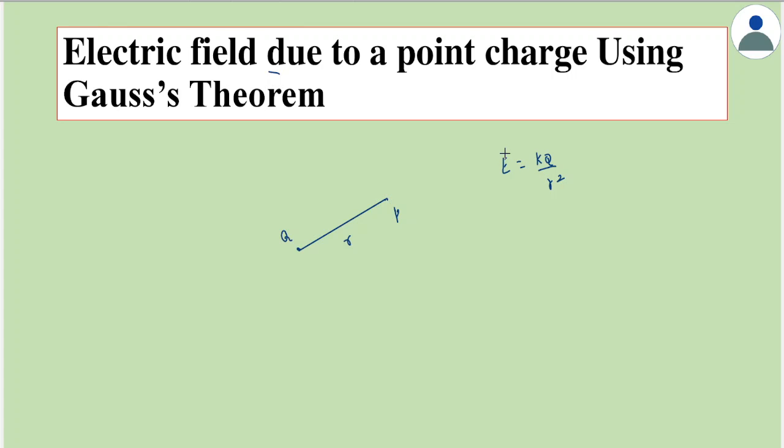I will try to obtain the equation for electric field using Gauss theorem. The purpose is to understand how to use Gauss theorem, because for a point charge, it is easy to find the electric field by using Coulomb's law only, but we need to find how to use the Gauss theorem. To start off with, we'll take a point charge.